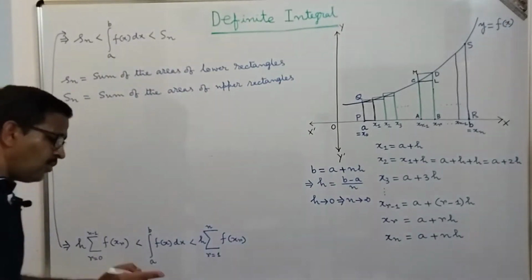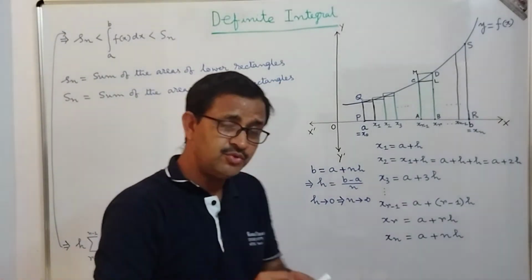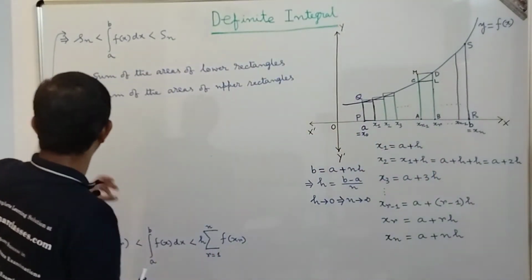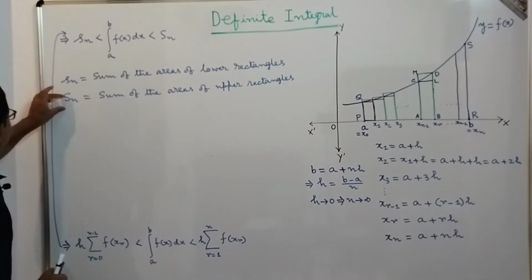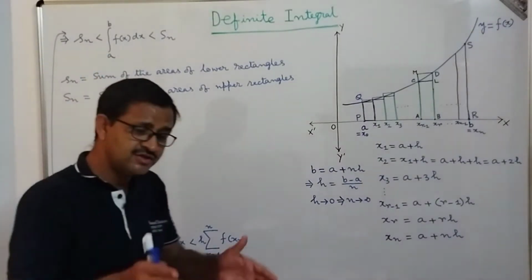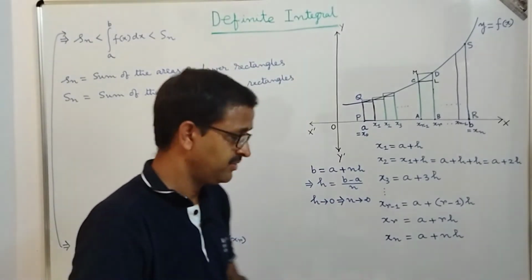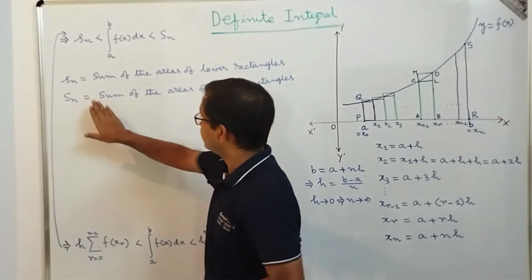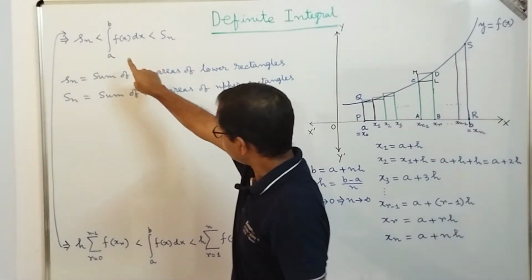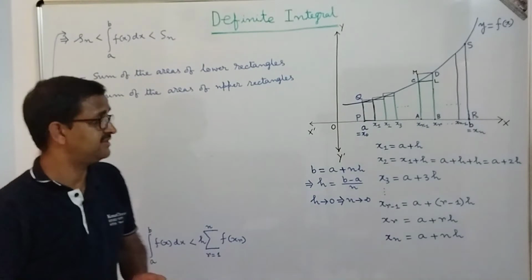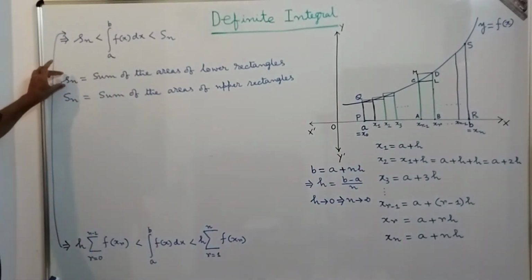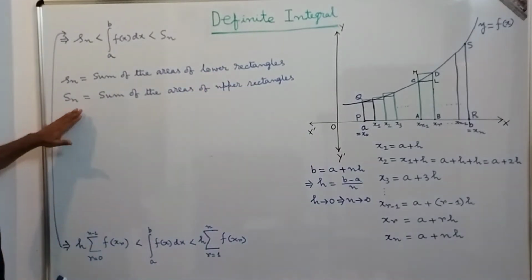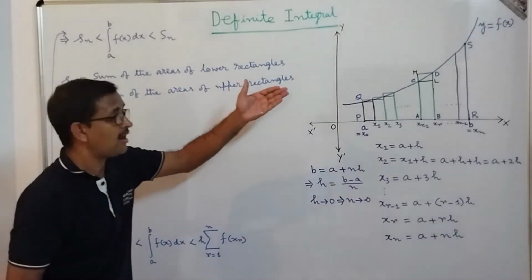Okay, now in the limiting concept, when n varies towards infinity, small sn, capital Sn and this integration a to b f(x) dx should converge to a single value. Let me repeat once more. We get that sn is less than a to b f(x) dx, which is less than capital Sn. Now small sn is the sum of the areas of the lower rectangles, and capital Sn is the sum of the areas of the upper rectangles.